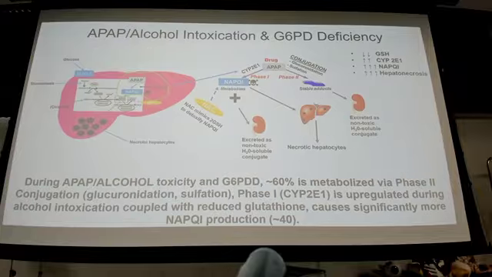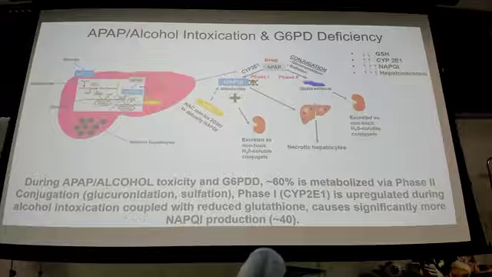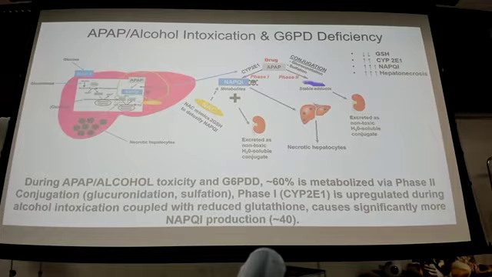When you have APAP and alcohol intoxication in combination with G6PD deficiency, basically you have less glutathione, right? And alcohol induces cytochrome P450 2E1, so you're going to have more 2E1 produced. More 2E1 means that APAP is going to be broken down by this enzyme to produce significantly more NAPQI, which of course is very toxic even in low amounts in the body.